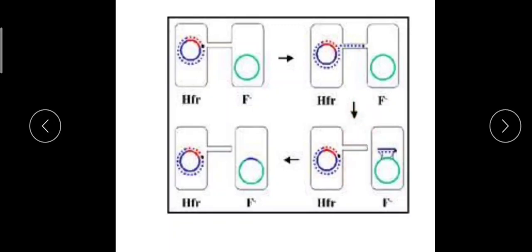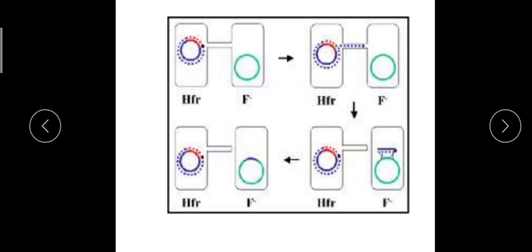after some time this conjugation tube breaks down, so the plasmid DNA is not transferred fully. Only a portion of the plasmid DNA is transferred and the other portion remains in the donor cell itself.